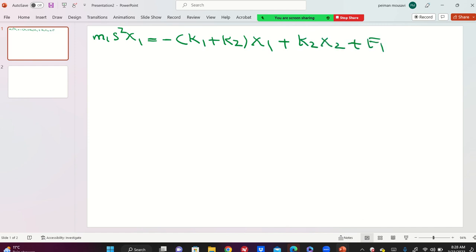Yes, it was like this, right? Okay. And we found x2 was how much? X2 was K2 x1 divided by M2 s square plus K2 plus K3. Yes?